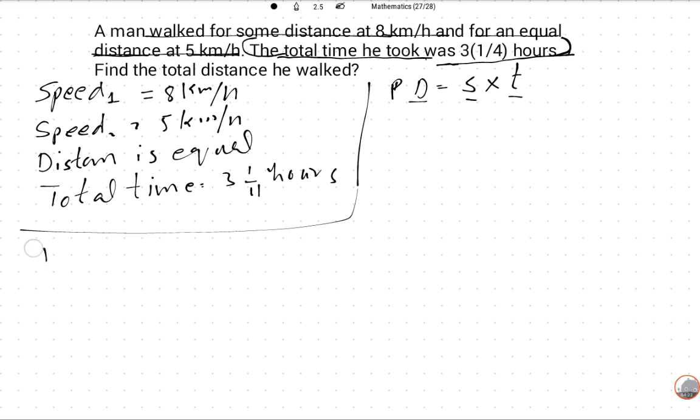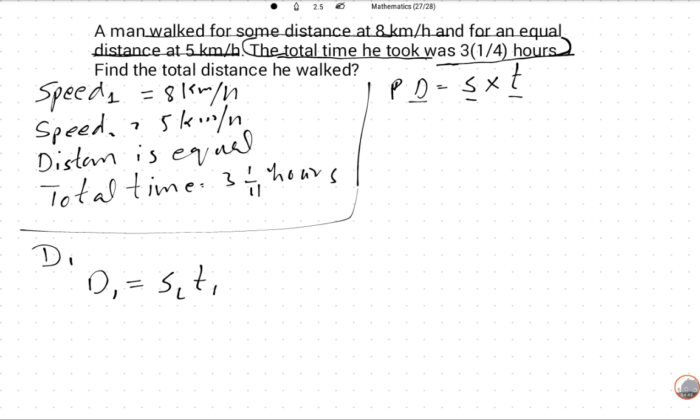Distance 1. What is the formula? Distance 1 is equal to speed 1 into time 1. Okay. Right?